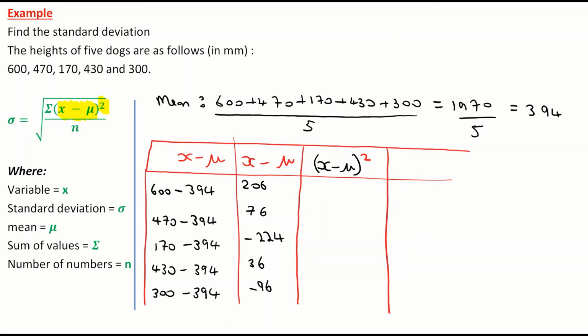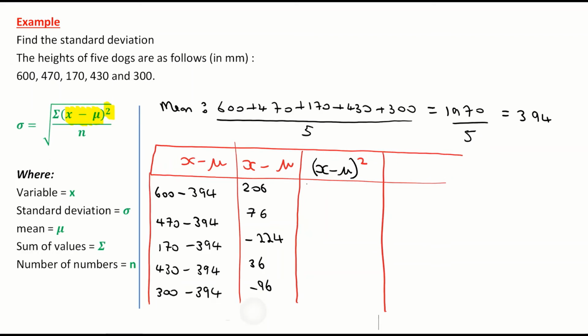So they're very large values coming back here. For my first one, 206 multiplied by 206 is 42,436. 76 squared is getting me 5,776.